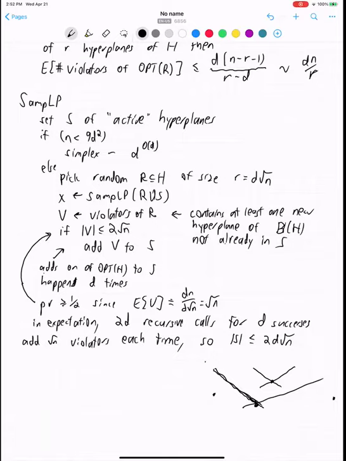Okay, so again, just reconstructing the argument: we keep adding about root n violators each time, and we do this d times overall, so we end up with an active set of only d root n hyperplanes.